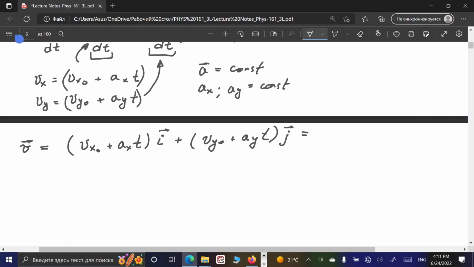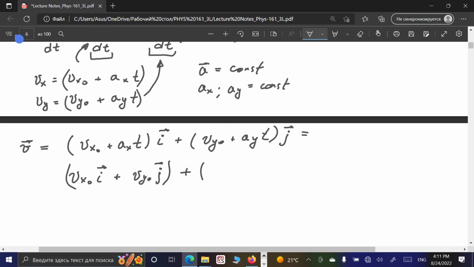Now let us open these parentheses and group velocity to velocity and acceleration to acceleration. So that will be vx naught times i unit vector plus vy naught times j unit vector, plus now the acceleration term.